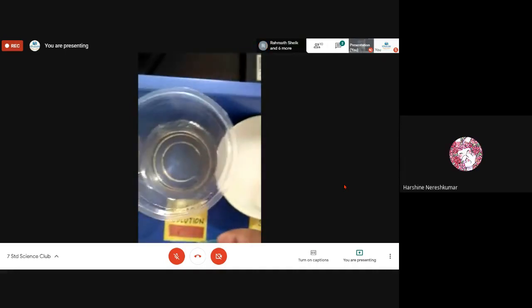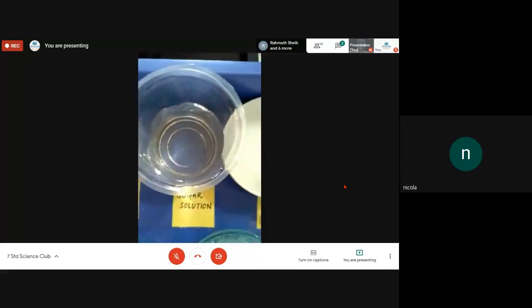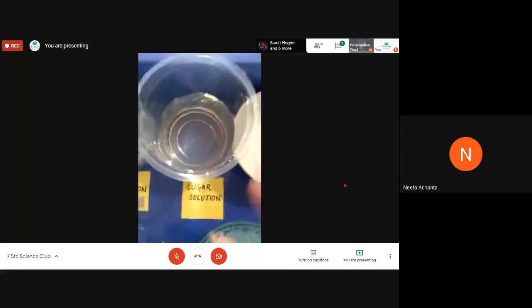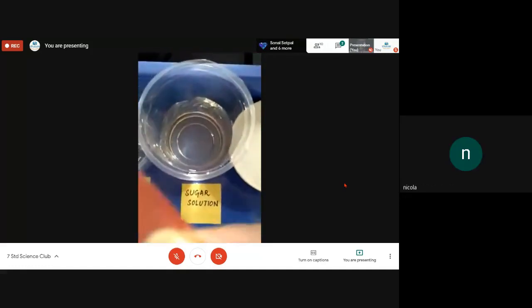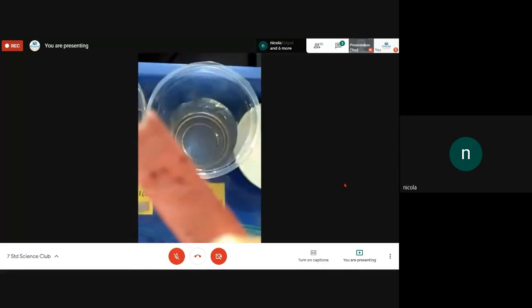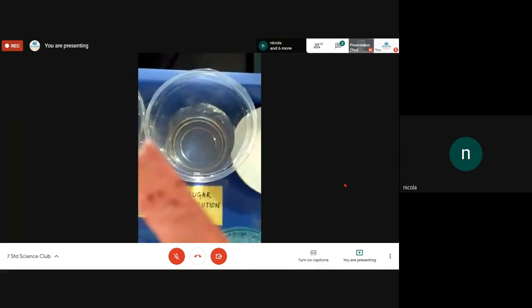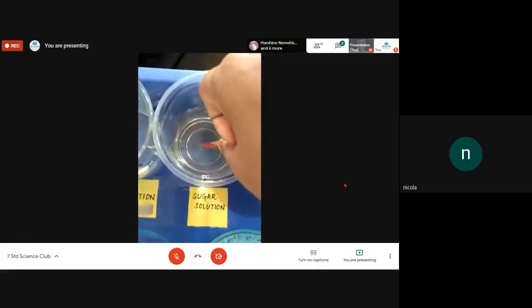Yes, ma'am. Let's move on to the next one. Can you all see the sugar solution? And we are going to use the red litmus paper. Now I'll be dipping it in the sugar solution.